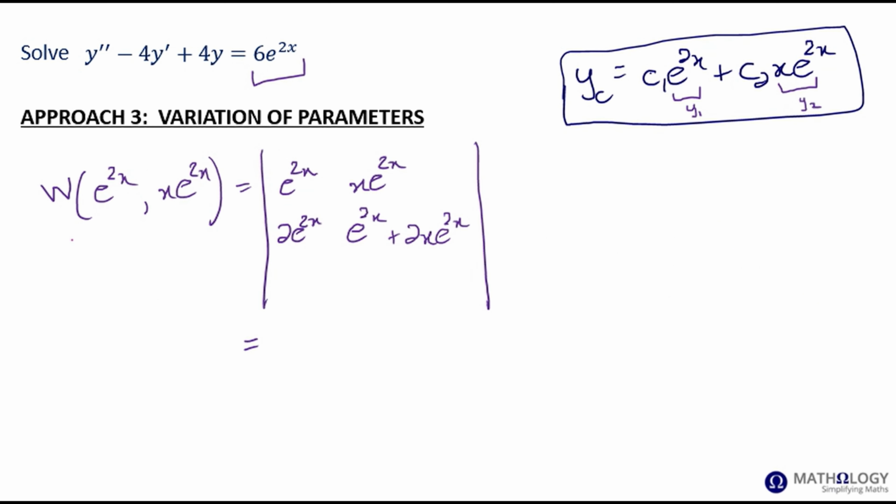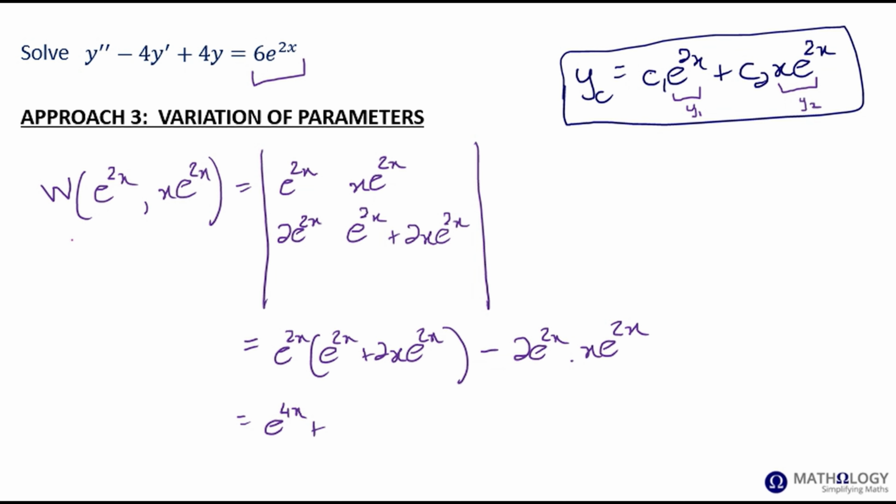Okay, so the determinant of this matrix will be e to the 2x times e to the 2x plus 2x e to the 2x, minus 2 e to the 2x times x e to the 2x. So that's e to the 4x plus 2x e to the 4x minus 2x e to the 4x, and that simplifies to e to the 4x. So this is now the Wronskian.